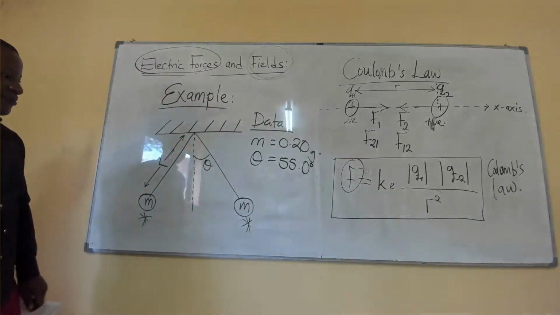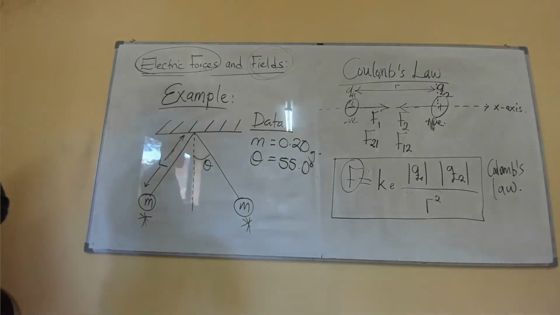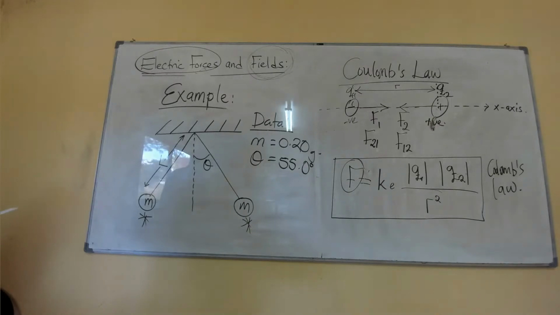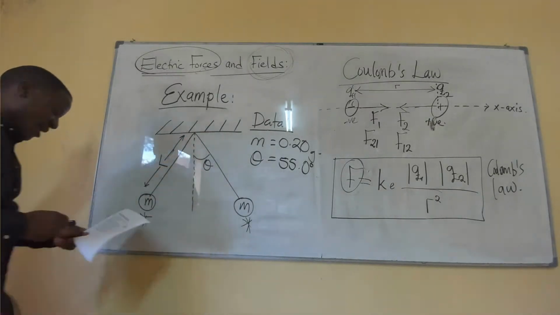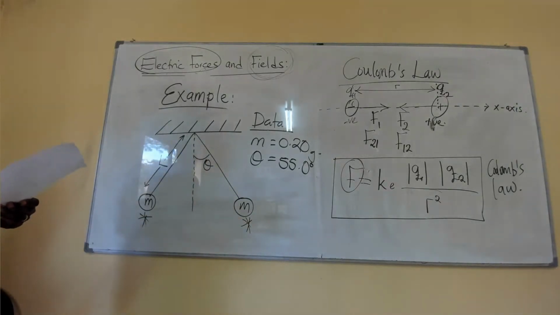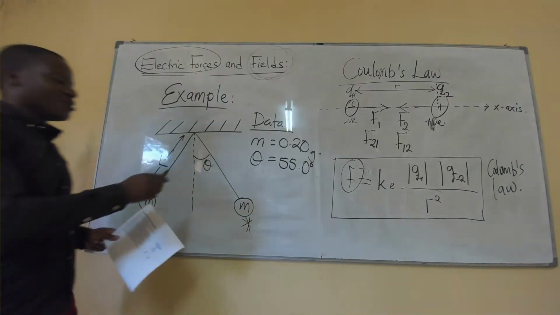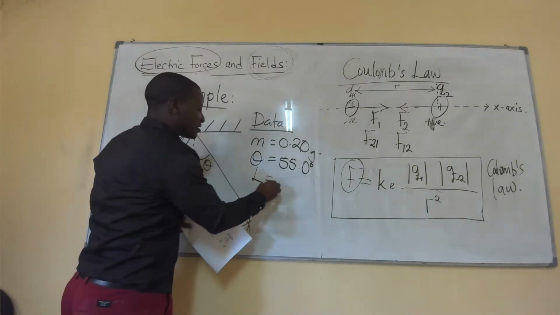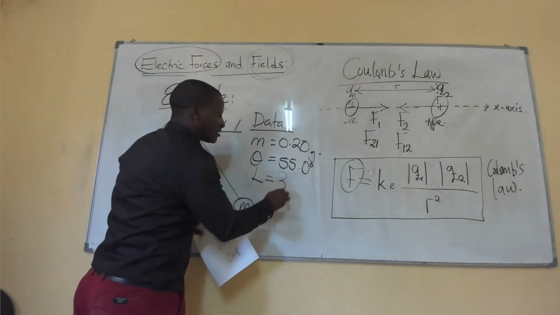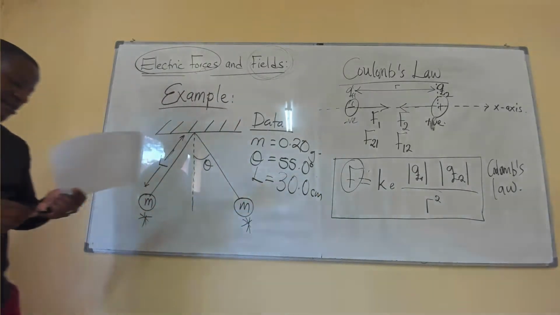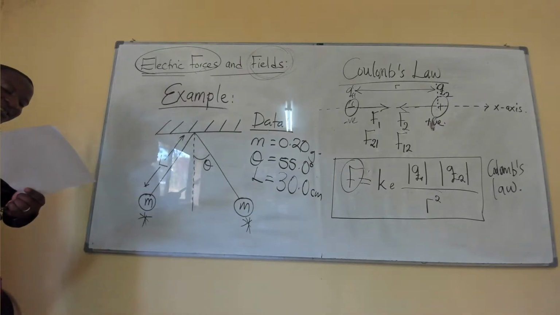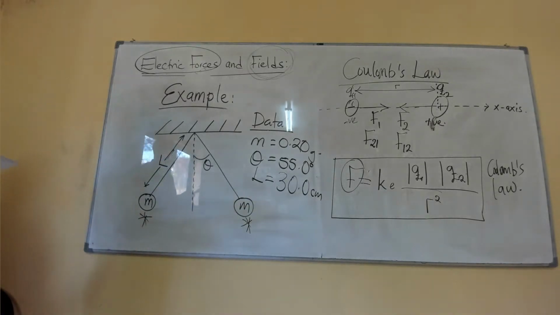55.0 degrees. Now, we continue with the question. Of course, that is with the vertical, which is this. If each string has length L, so we know that L is equal to 30.0 centimeters. What is the magnitude of the charge on each sphere?